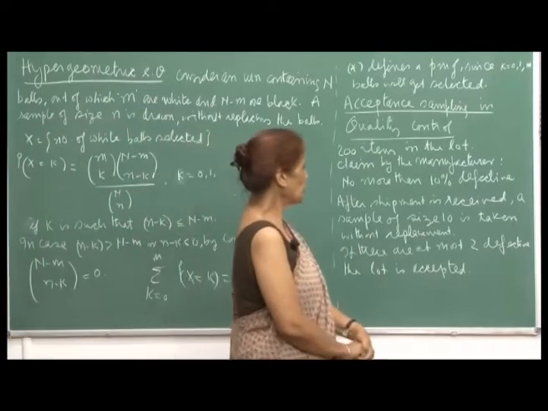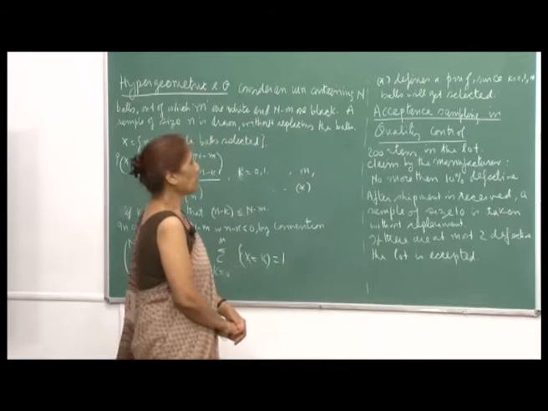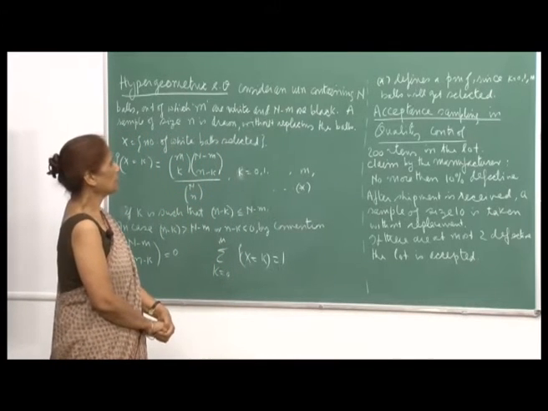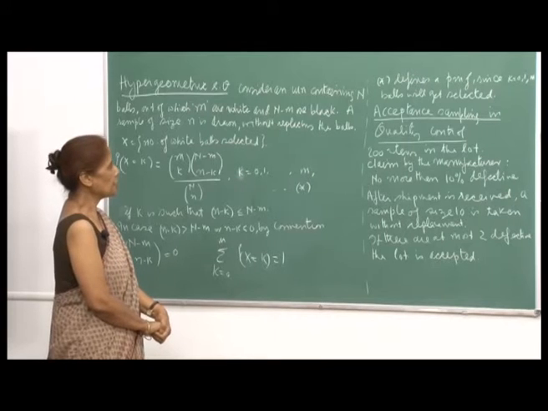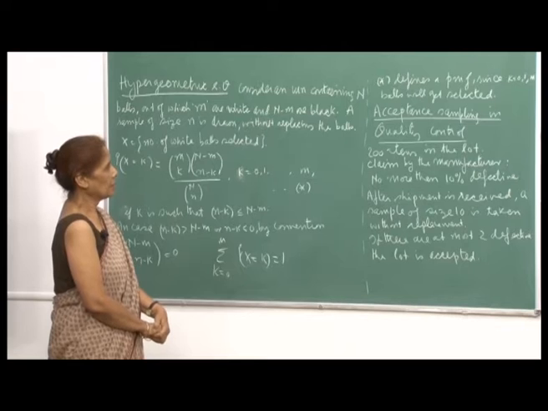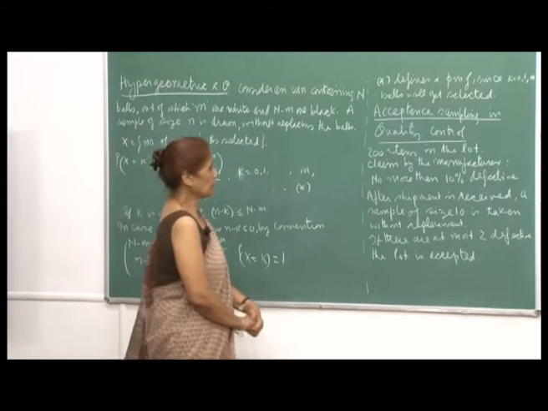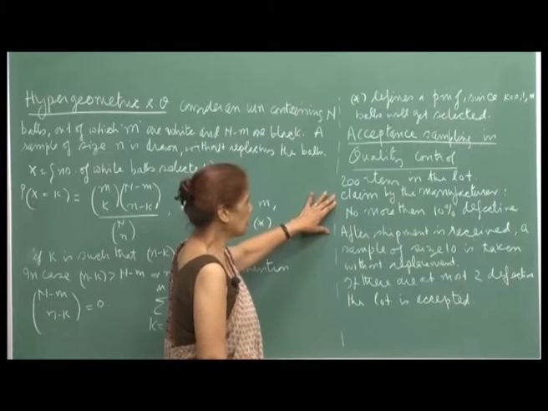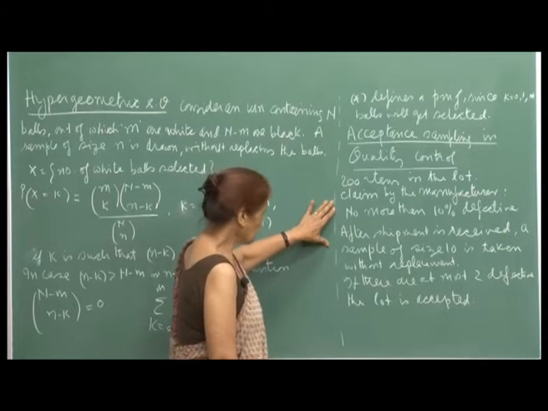Now, let me just show you an example where we make use of the hypergeometric random variable and its distribution: acceptance sampling in quality control. Of course, the numbers here are small, but usually the numbers are much bigger than what I am using here.